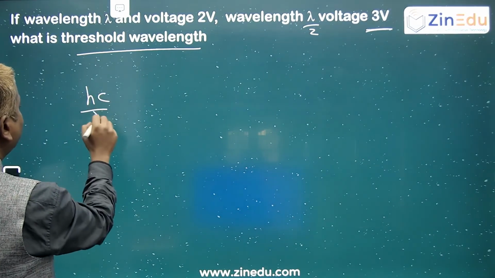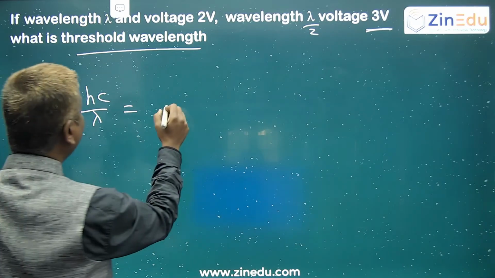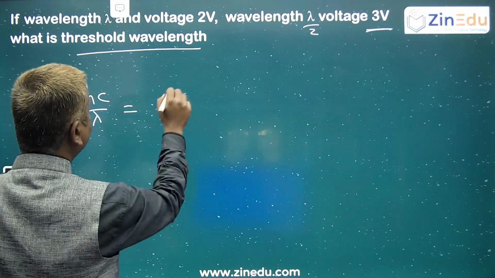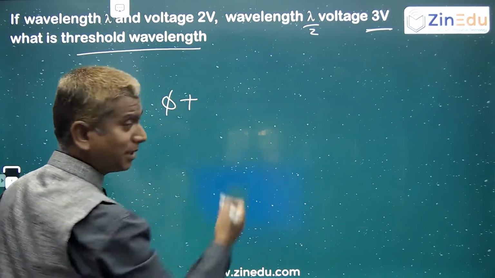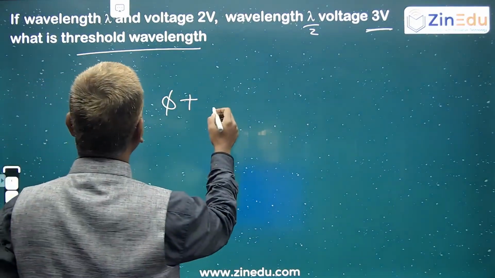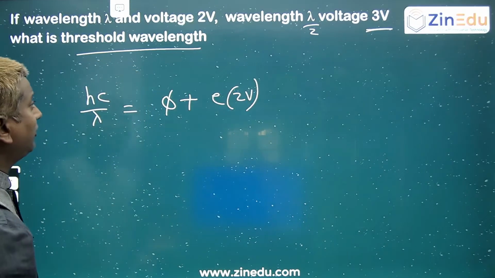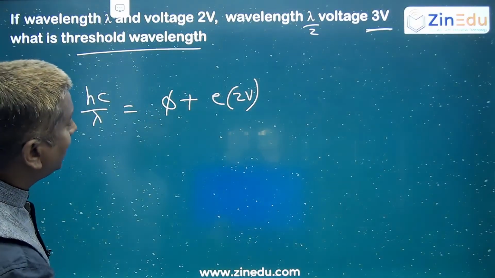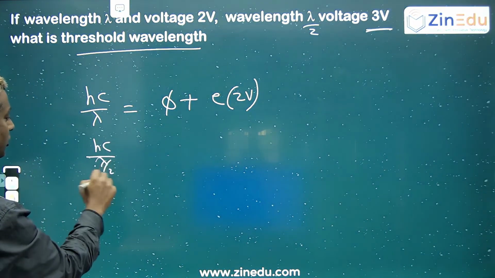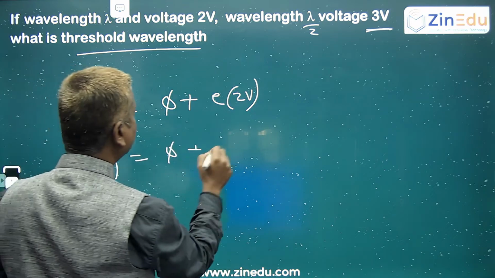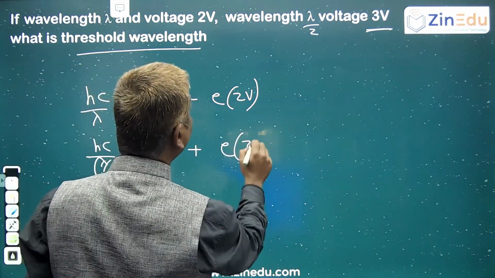hc by lambda, the incident photon energy, is equal to work function plus stopping potential, that is K max. K max is equal to stopping potential, into 2V. And when the wavelength becomes lambda by 2, at that time you can write work function plus stopping potential into 3V.